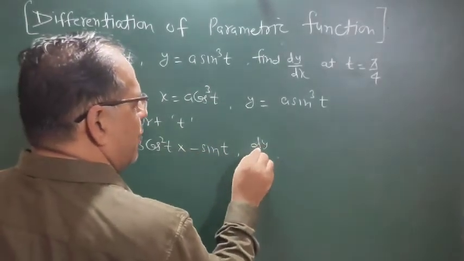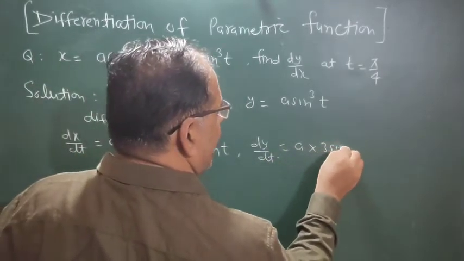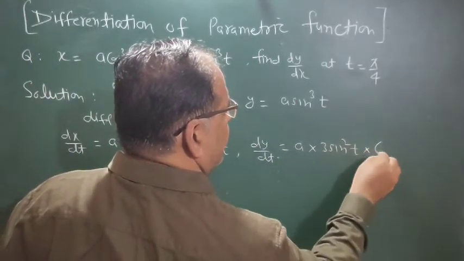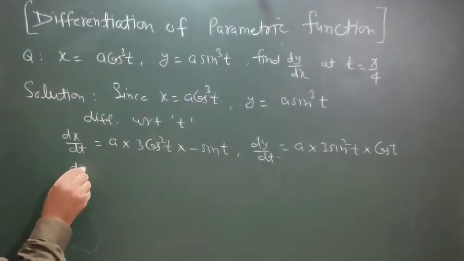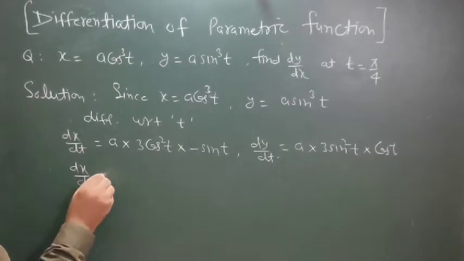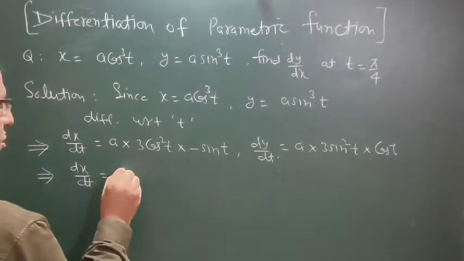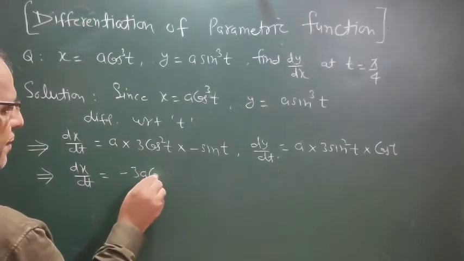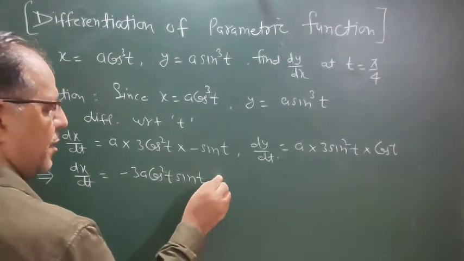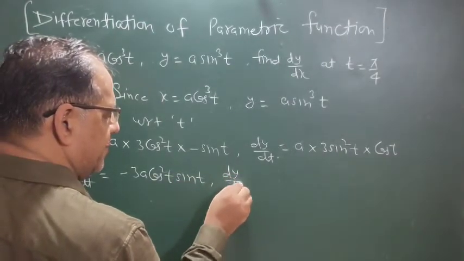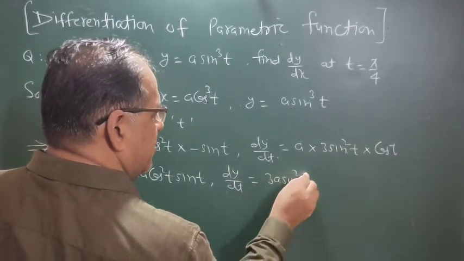Similarly, the derivative of y is written as dy over dt equal to a times 3 sin square t into cos t, using the chain rule. So now after arranging, we have dx over dt equal to minus 3a cos square t sin t, and dy over dt equal to 3a sin square t cos t.